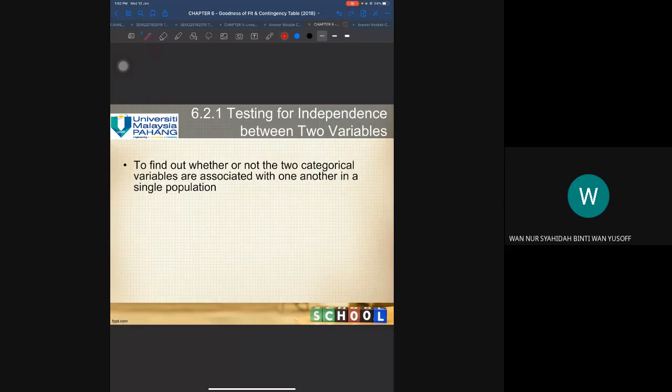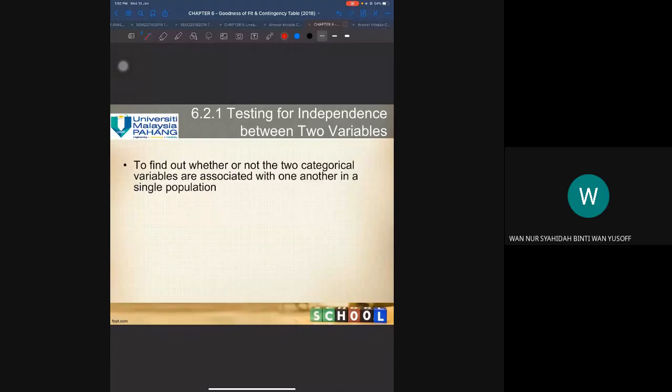But steps 2, 3 and 4 are similar: finding the E, calculating the chi-square, and making your decision. So you need to make sure you know how to do steps 2, 3 and 4.